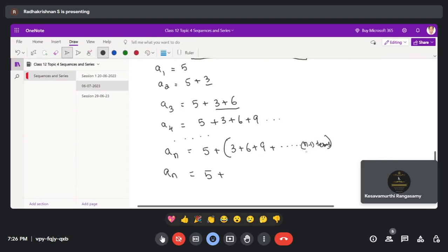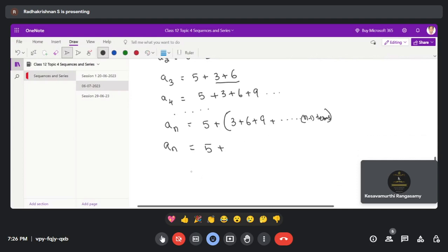Yeah, sir. Yeah, solve it. What will this sum be? Tell me in terms of n. Let's do it. Take this one as a separate problem, okay? For which A is equal to 3, D is equal to 3, and the number of terms is equal to n minus 1.